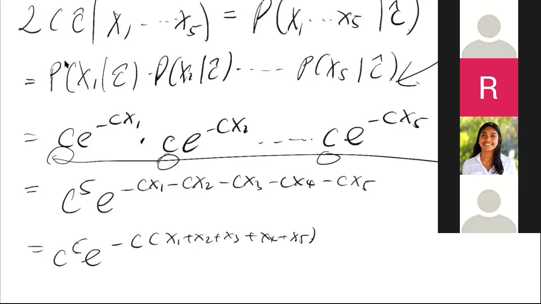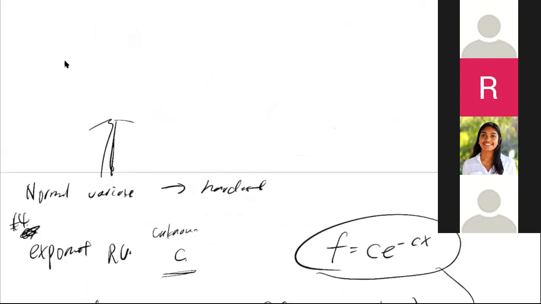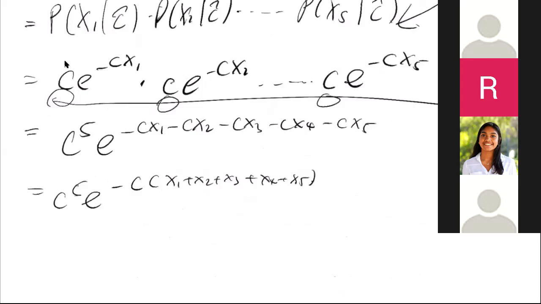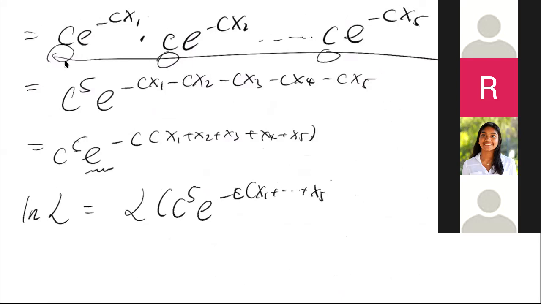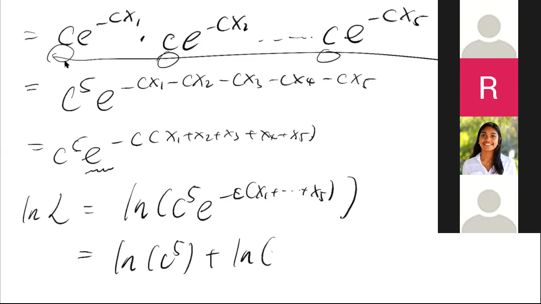To compute the result, we need to set the first derivative to 0. But apparently this is hard to calculate. Because we have e to the powers, instead we take a log of the function. So the log of L is equal to the log of c to the 5th times e to the negative c x1 up to x5. This is log of c to the 5th plus log of e to the negative c times x1 plus up to x5.